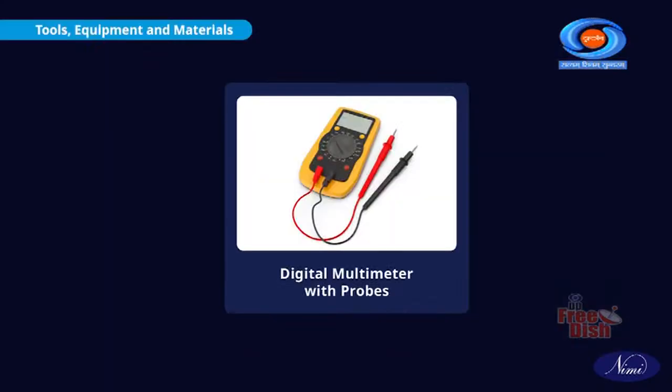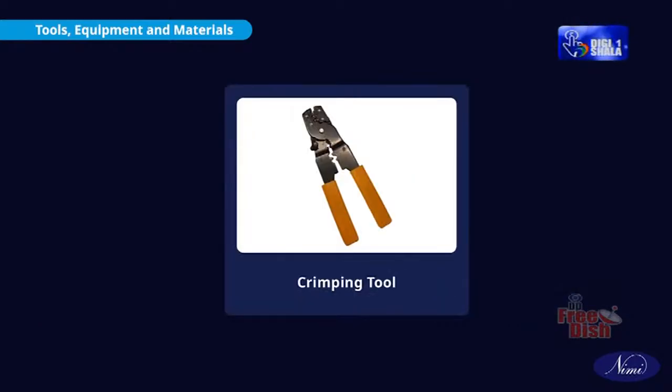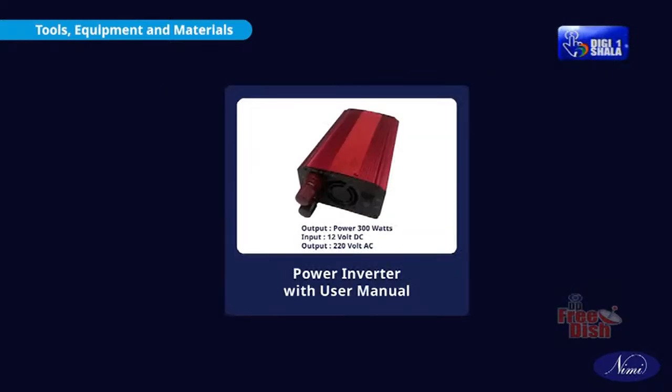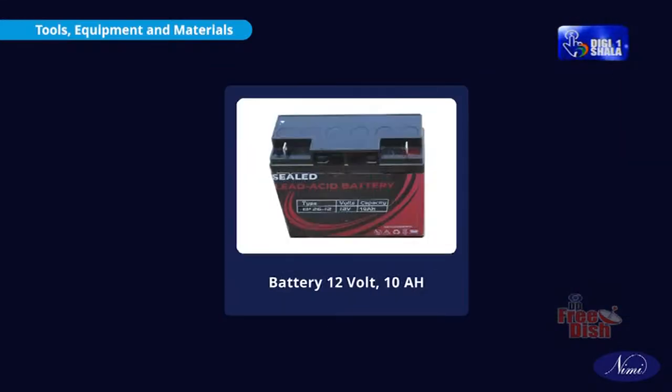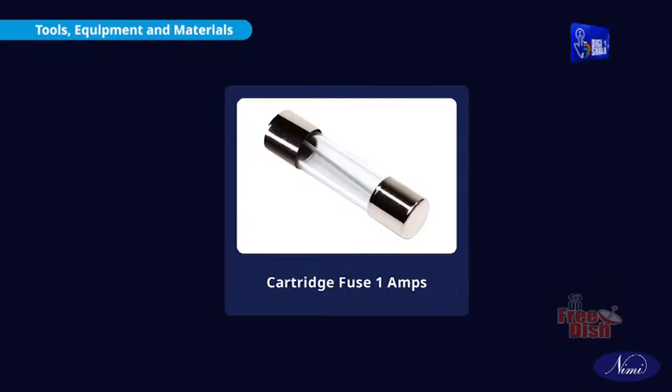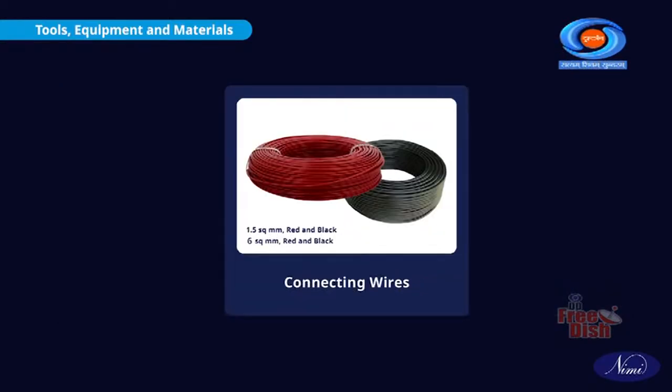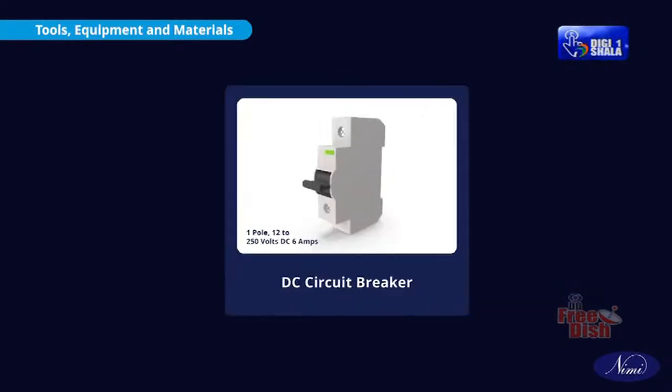Digital multimeter with probes, trainee's toolkit, crimping tool, power inverter with user manual, output power 300 watts, input 12 volt DC, output 220 volt AC, solar charge controller, type PWM, system voltage 12 to 24 volt, maximum output current 50 amps, battery 12 volt 10 ampere hour, cartridge fuse 1 amp, connecting wires 1.5 square mm and 6 square mm as required, DC circuit breaker, single pole, 12 to 250 volts DC, 6 amps.